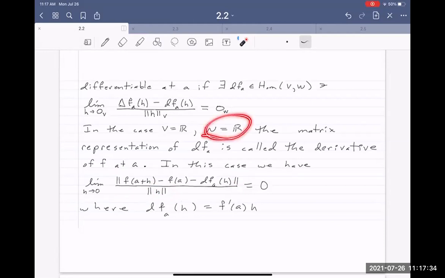Usually when we do it in R, we don't put two lines here, but one line, meaning it's the absolute value. So the limit as H approaches 0 of F of A plus H minus F of A minus df sub A at H, in absolute value, divided by H in absolute value, is 0, where df sub A at H is F prime at A times H.